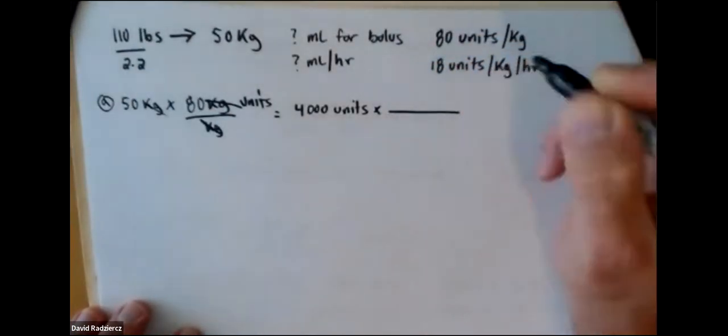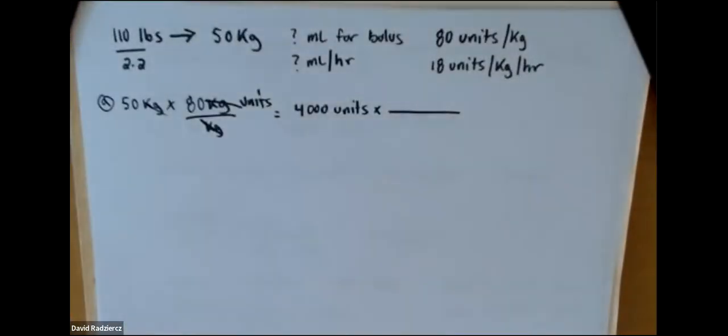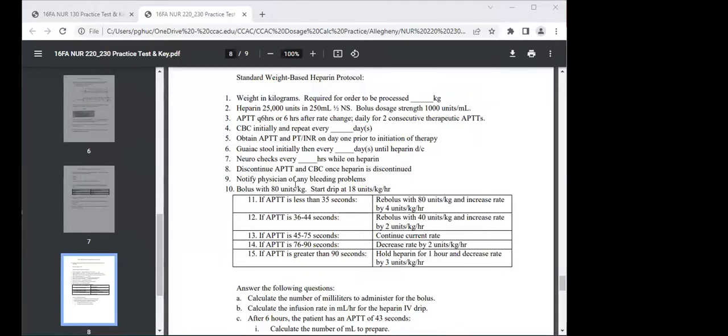Now, here's where we have to do a little bit of work with the protocol. We have to figure out, just like we did in question 22, do I have a comparison for units to milliliters? Okay, and I do. So we're going to go back to the protocol, and we're going to see in step 2, it tells me 2 pieces of information.